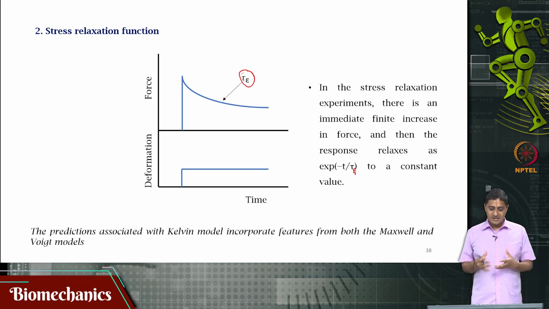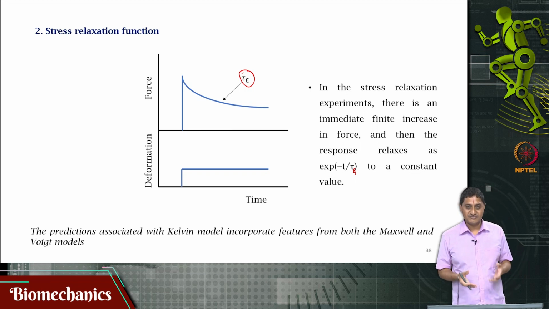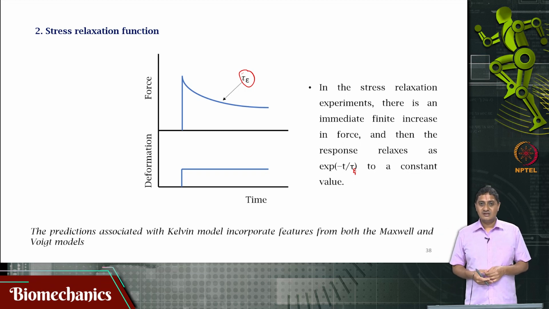Once again, this response is different from my expectation from the Voigt model. So, essentially the creep and stress relaxation responses are very different from what I would expect from either just the Maxwell model alone or just the Voigt model alone. Qualitative difference between the Kelvin model and the Maxwell and Voigt models in the creep and stress relaxation.